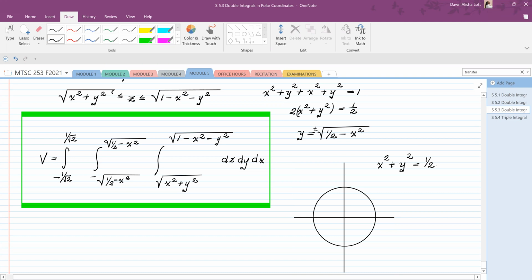When you solve for y, you get y is equal to the positive or negative square root of a half minus x squared. This would fail the vertical line test, so the top half of the curve is the positive square root of 1/2 minus x squared.